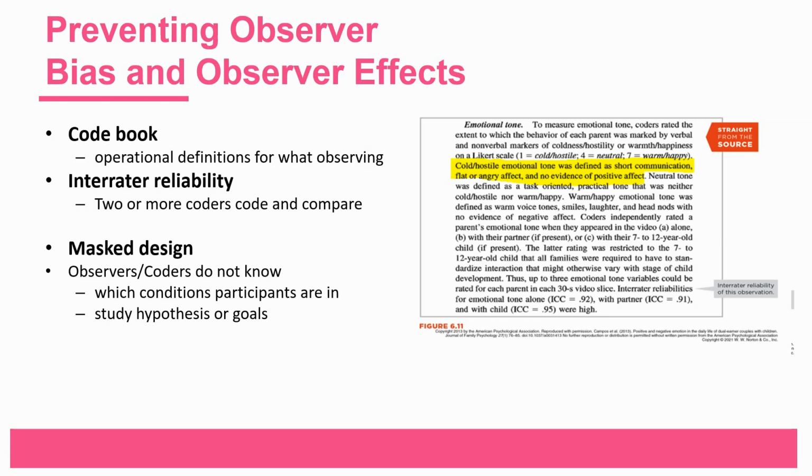But if they were just listening, they wouldn't necessarily know what condition they were in, and it would be important for them to also not know what the hypothesis is. If the researchers were expecting that the verbal interactions would be less in the cell phone condition, it would be important that the coders not know that expectation, so they wouldn't indirectly code in that way. They wouldn't allow their biases to influence.